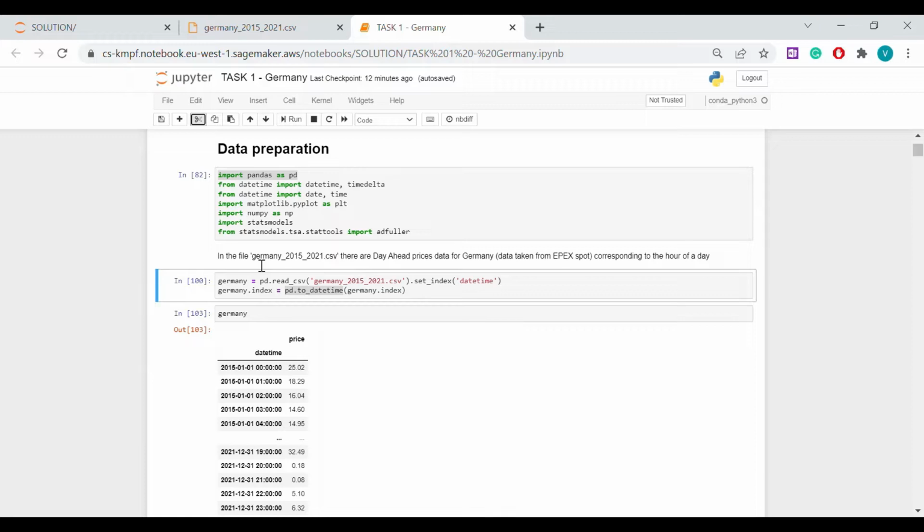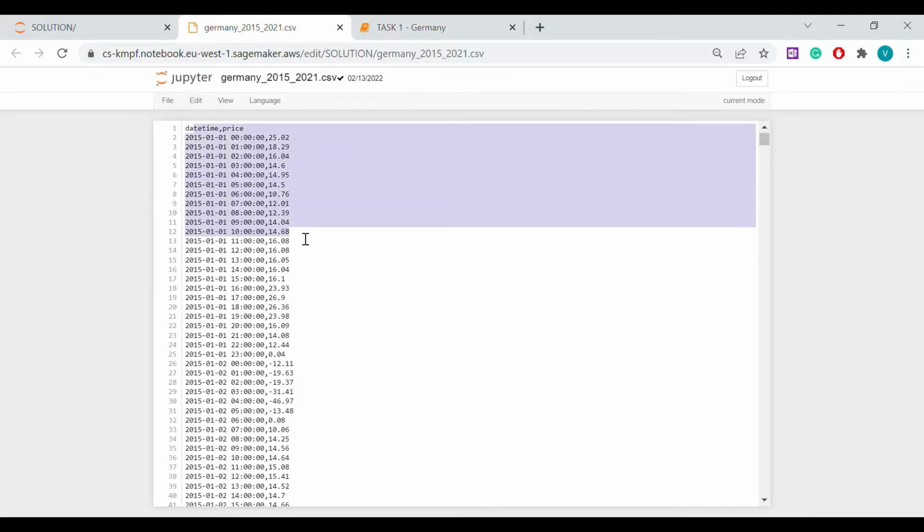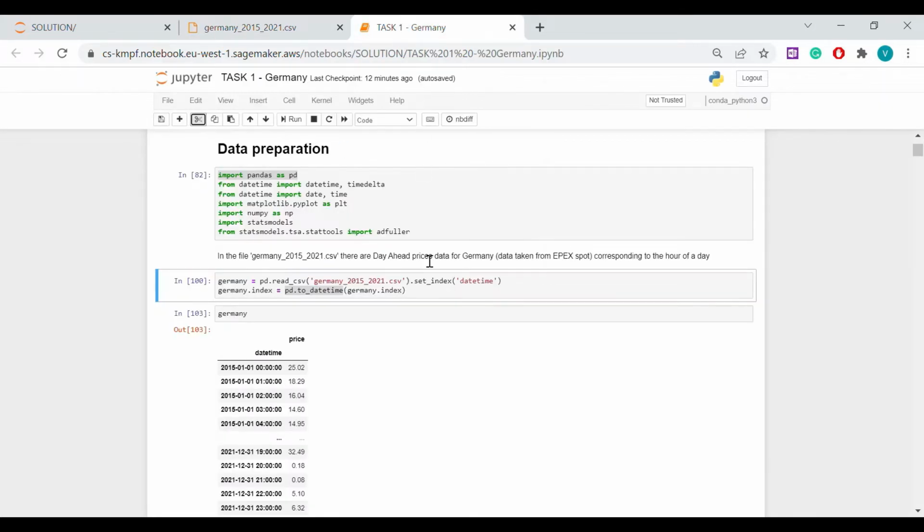We have our data for the German electricity prices in a file of CSV format. Basically, the data looks like this. In order to be able to operate with this data in our Jupyter notebook, we will use the Pandas library, which is the special library for data analysis.